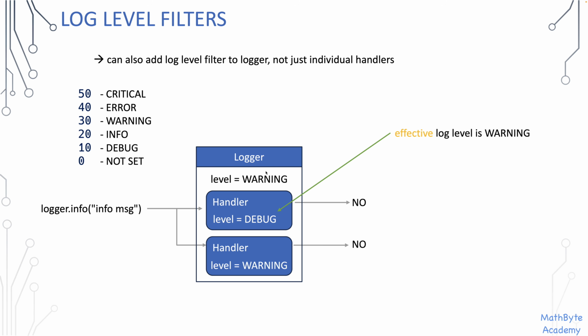Since it is discarding the log request in this case, it is not going to do the interpolation. So you've saved some overhead. That's why the recommendation is not to do interpolation ahead of time, because you might be incurring it for no reason.